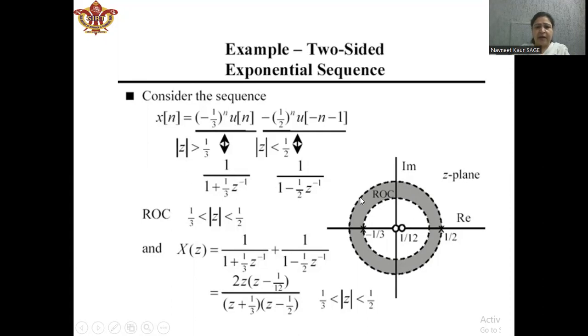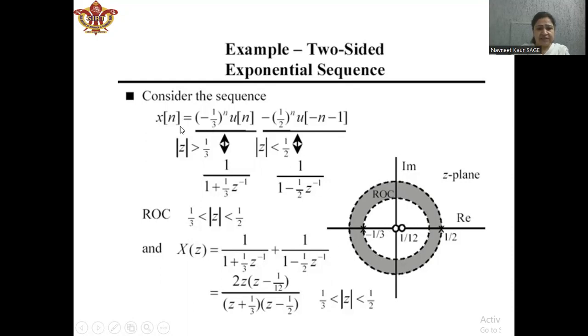So here, if I draw a z plane, this is real z, and the y-axis shows imaginary z, I'll take two poles, z equal to 1 by 3 and z equal to half, and I'll draw two circles at z equal to half and at z equal to 1 by 3. Now, the ROC is the common region.